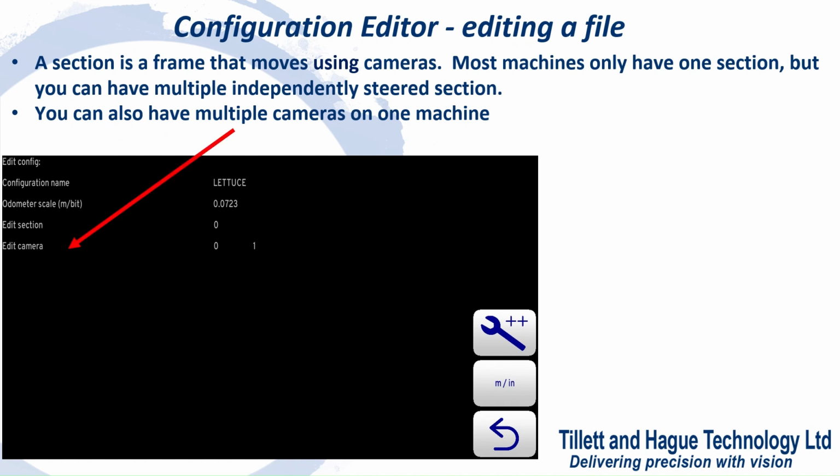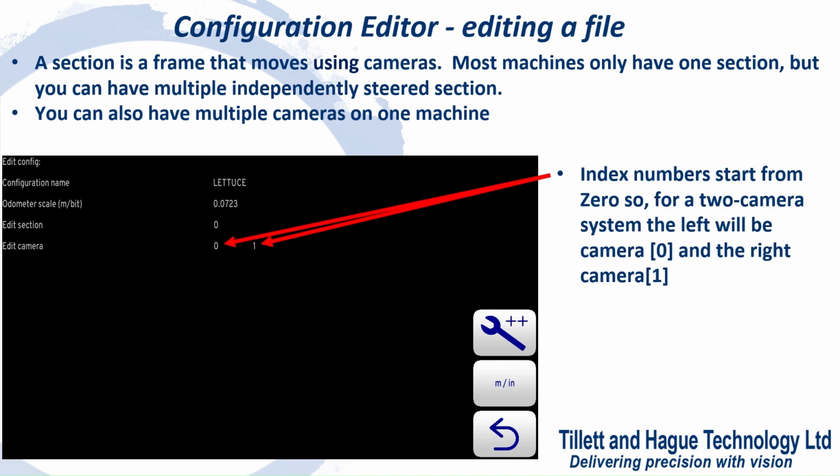For reasons of computing history and convenience, component index numbers start with a 0. For example, a 2-camera system with the first leftmost camera will have the index number 0 and the second camera index 1. If you touch on the index number on the edit section or edit camera line, you'll be able to edit the associated parameters.